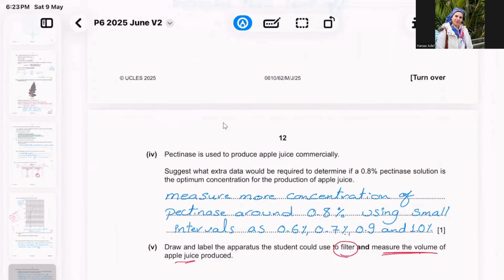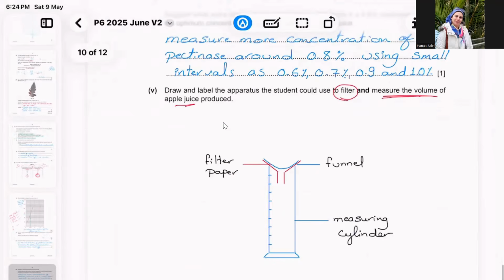In front of you, two options: you can draw a measuring cylinder or a conical flask. Here, this is a measuring cylinder, using a funnel. And inside the funnel, you have to put the filter paper. Don't forget to make the graduation on the measuring cylinder that indicates it is able to measure the volume of apple juice produced. And also don't forget to label the diagram.